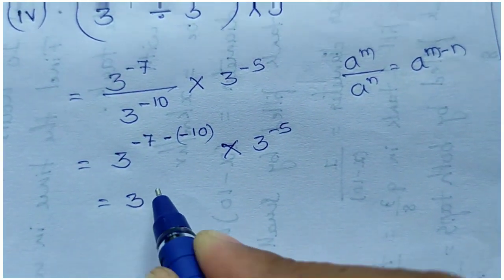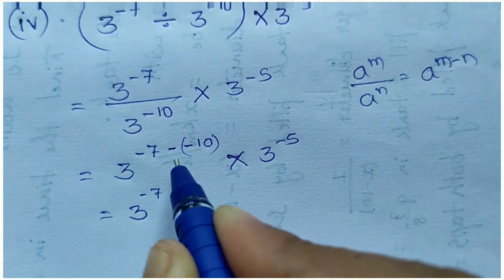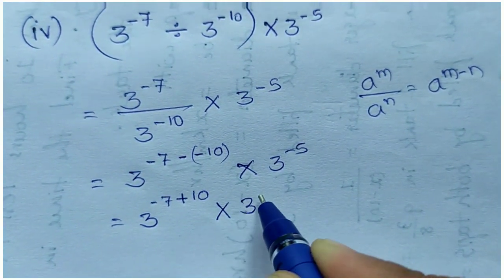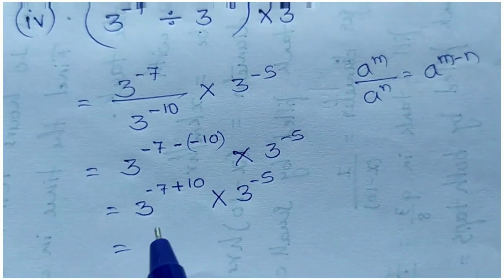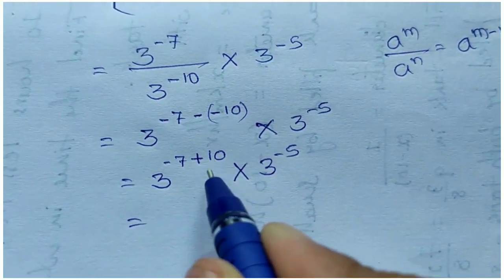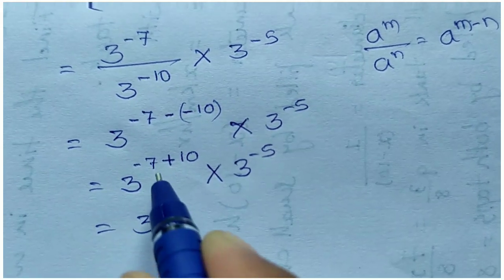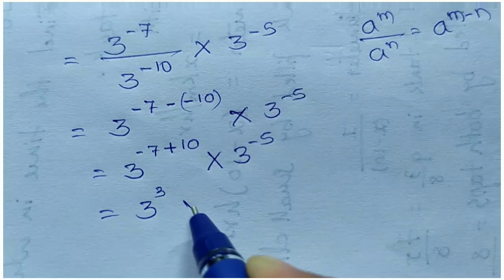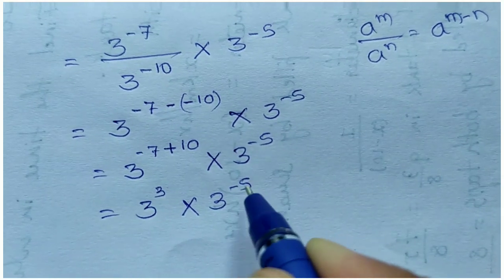3 to the power, see here, minus 7 minus into minus is plus 10, into 3 to the power minus 5. Here minus 7 plus 10, what will you get? That is plus 3. So I will write it as 3 to the power 3 into 3 to the power minus 5.